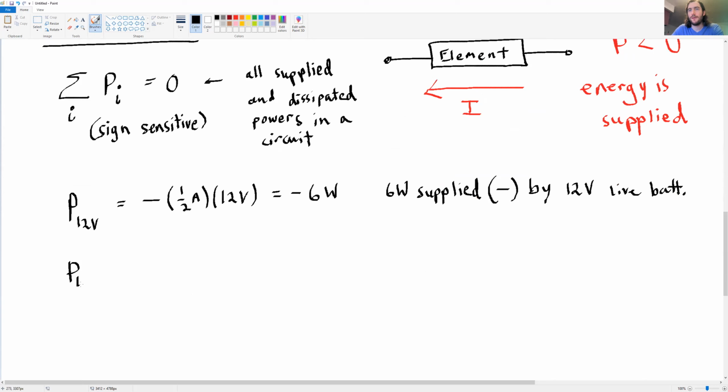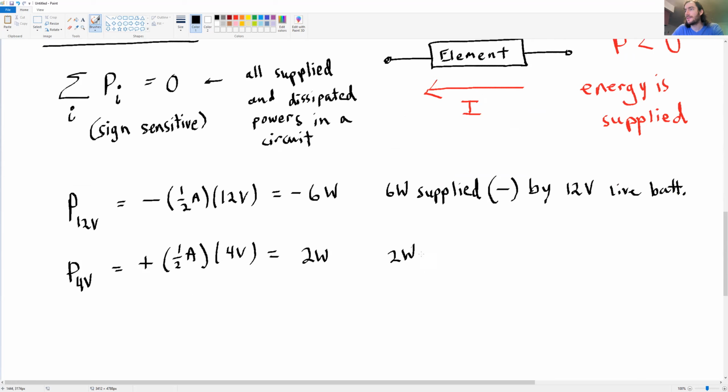Then of course we have the 4 volt dead battery. This is positive, it is dissipating power. It is absorbing some of that energy being supplied by the live battery. And that of course has the same current flowing through it, but the voltage is different here. And so we end up with a positive 2 watts.